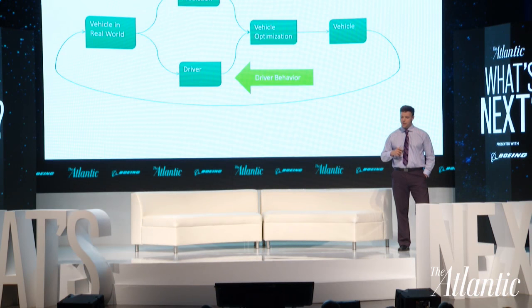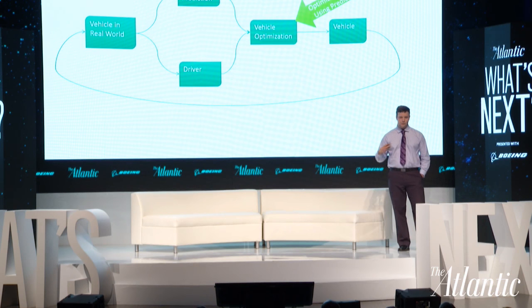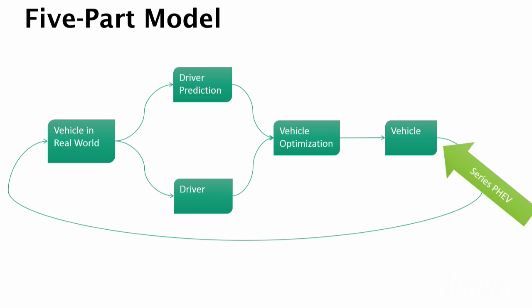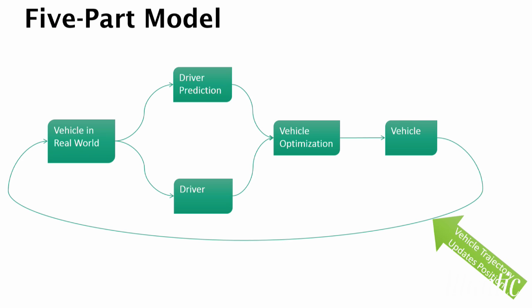Then information is relayed to what's called the vehicle optimizer, which receives the predictions from driver prediction as well as the pedal requests from the driver. The vehicle optimization attempts to minimize the amount of gas energy used from the powertrain by knowing points along the route ahead of time where energy can be regained or recaptured. Next, information is relayed to the vehicle to be controlled accordingly, and the process repeats itself.